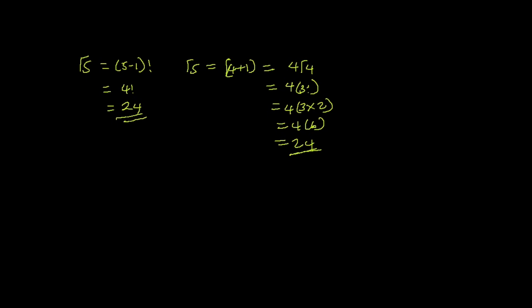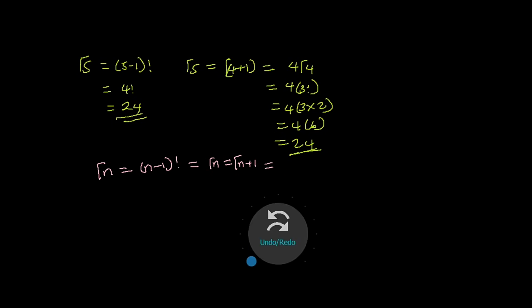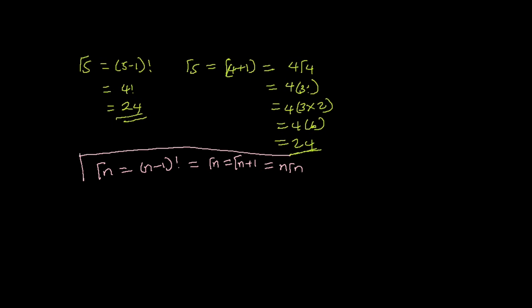So generally we can say that gamma n, which is equal to n minus 1 factorial, is equal to gamma of n plus 1, which is equal to n gamma n. So these are the formulas that you have.